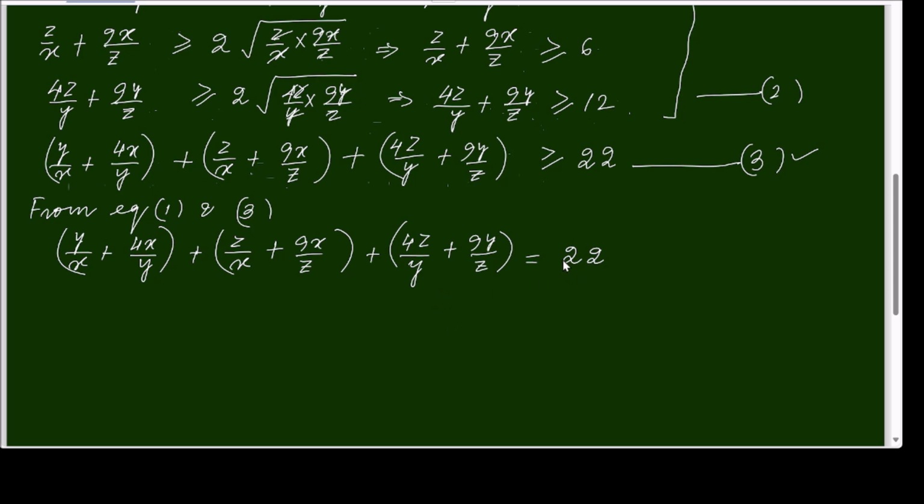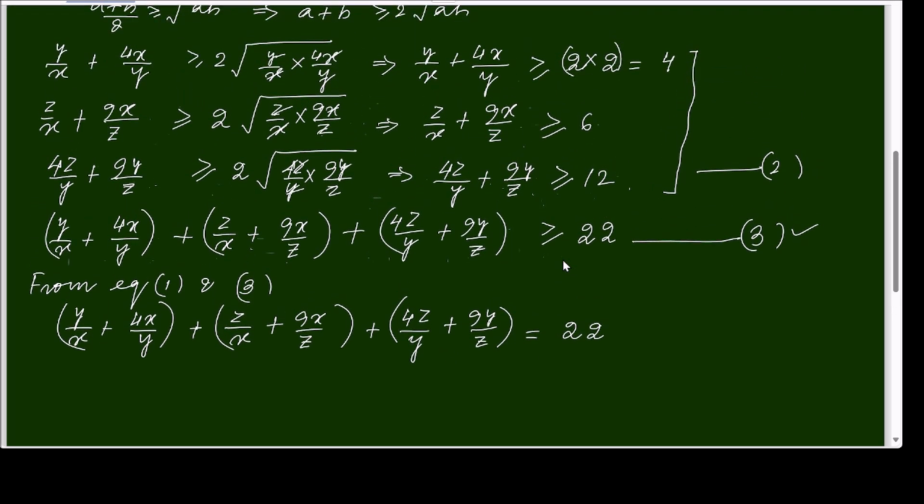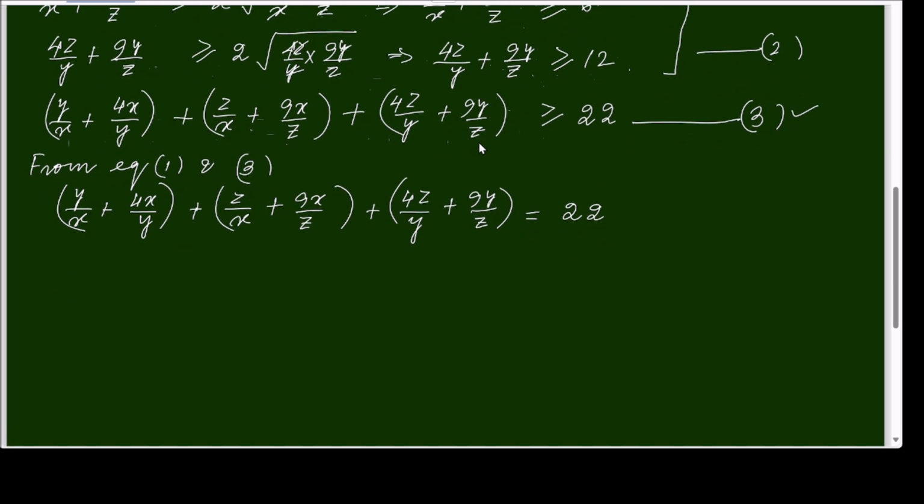Now when the sum is equal to 22, that means in equation 2 each of these three relations has equality.